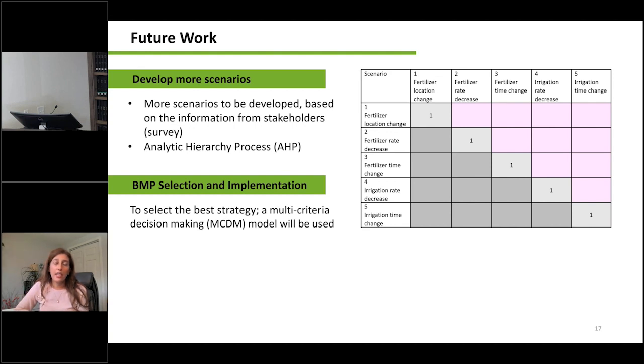Then, using the AHP method or the decision-making model called MCDM, and also using the Soil and Water Assessment Tool, which we are working to develop for the same area, we can prioritize the practices that we are developing here in Central Florida. That is the future work, the part of the research that we are currently working on.